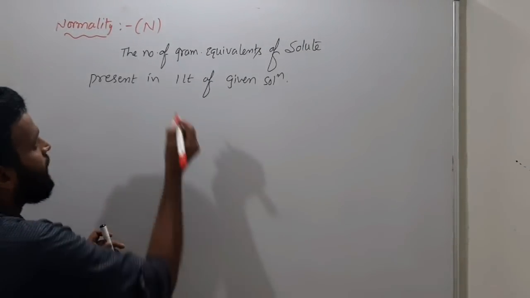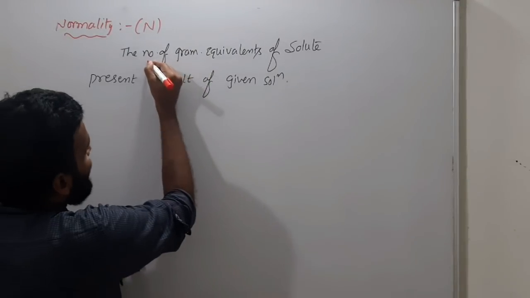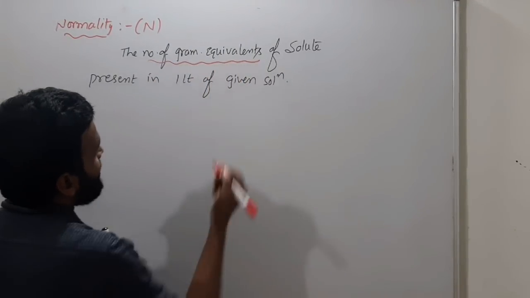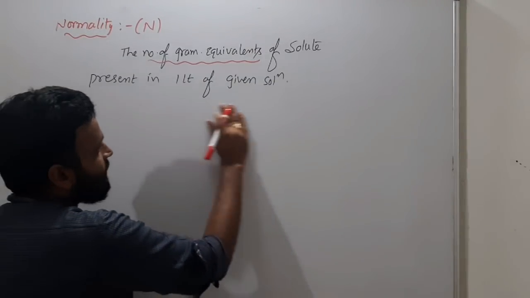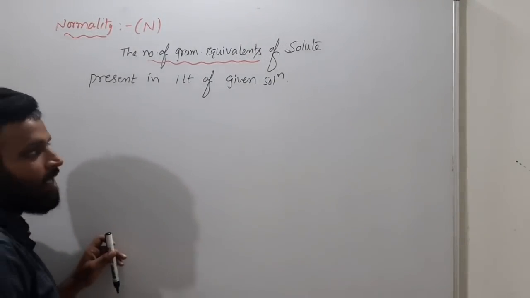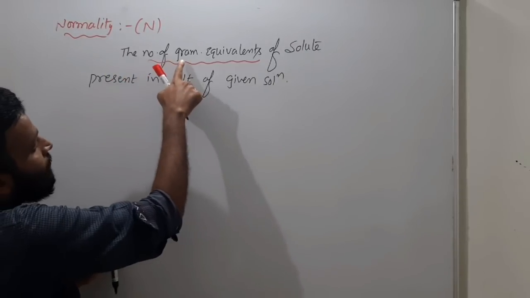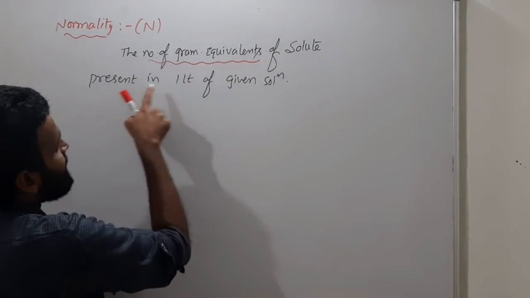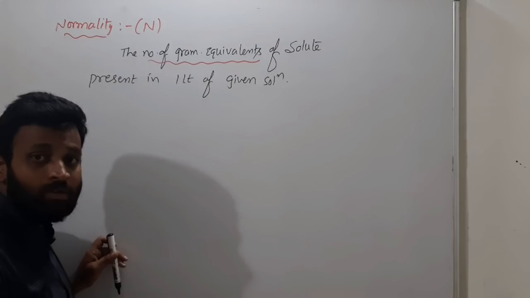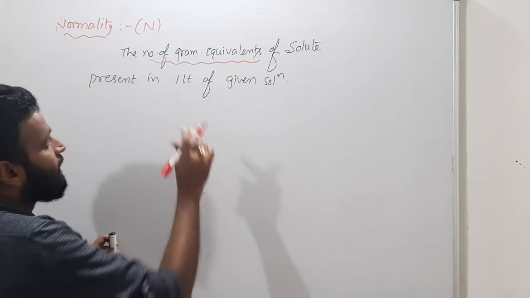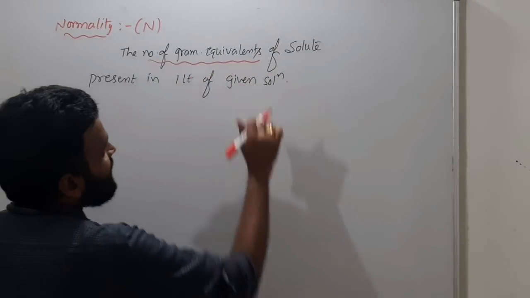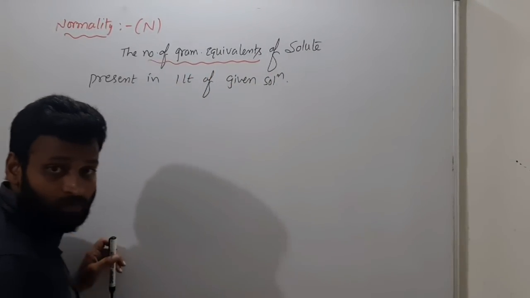What is normality? The number of gram equivalents, I am underlining that. Except this, the remaining is similar to molarity or not? What is molarity? The number of moles of solute present in 1 liter of given solution. Instead of the number of moles, here I am using the number of gram equivalents of solute.